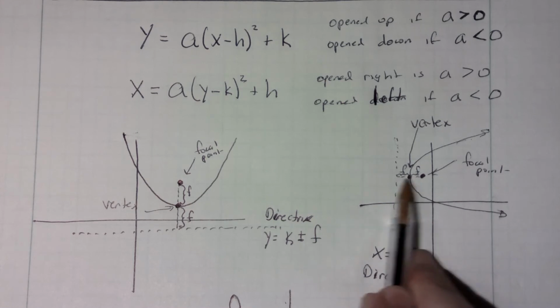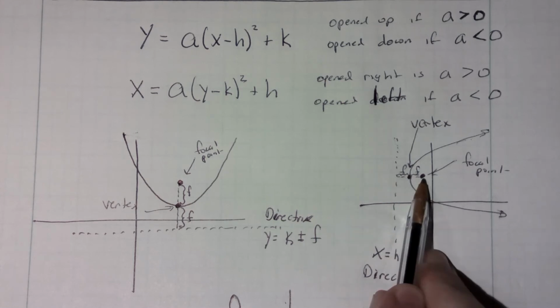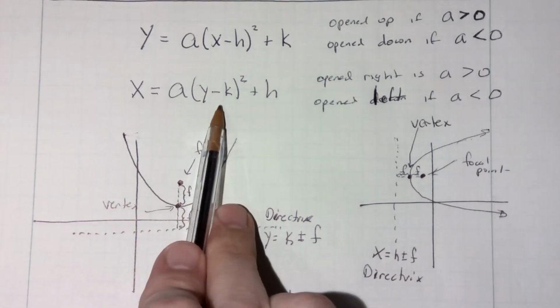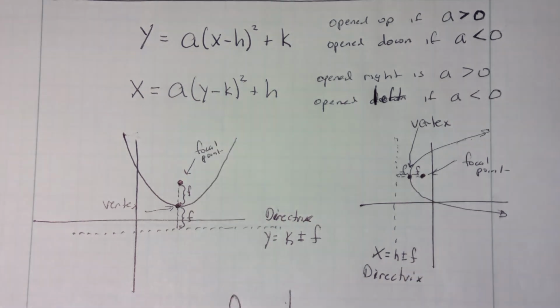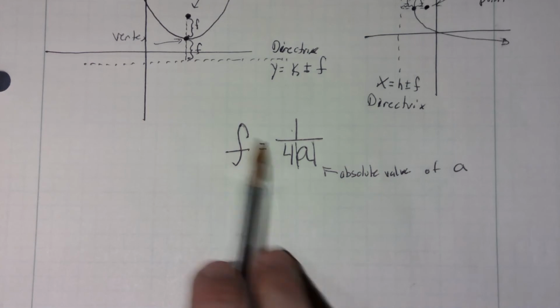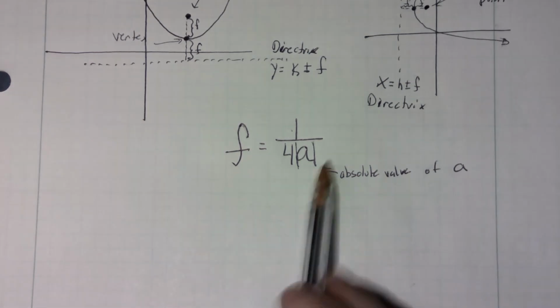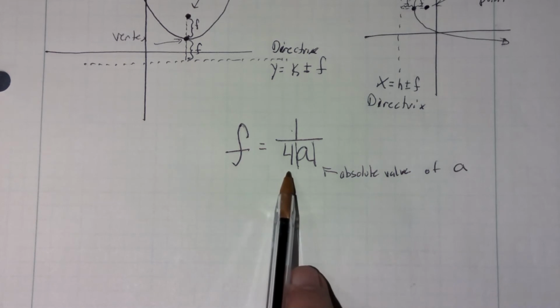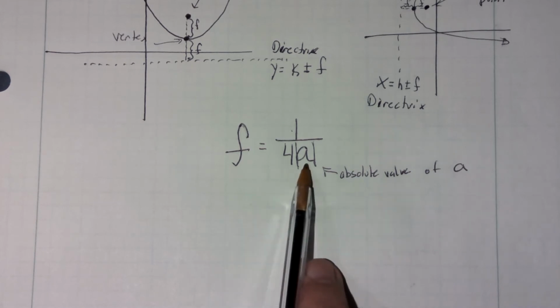So if you want to know what the directrix or focal point are, you first find the vertex, and written in vertex form, that's not very difficult. Then you use this simple formula. The focal length is found by taking 1 and dividing it by 4 times the absolute value of a.